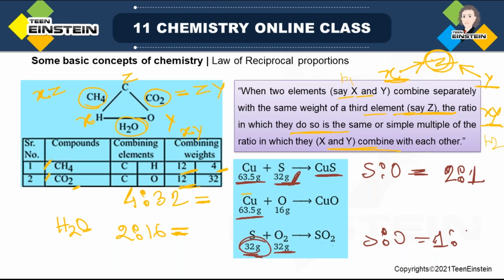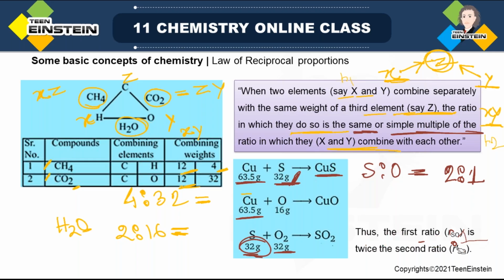So now they are not the same, but that doesn't matter because it is already mentioned that it may be the same or a simple multiple of the ratio in which they are combined with each other. So here the first ratio is twice the second ratio, right? So the second ratio is 1:1.